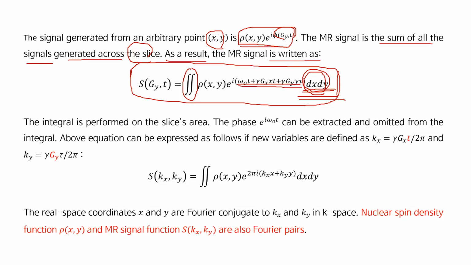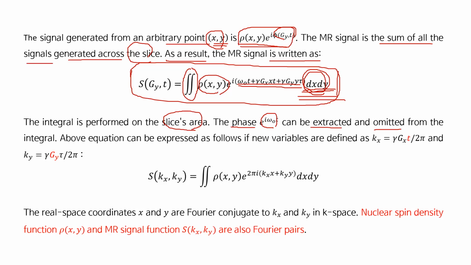So rho x, y is the spin density at the point x, y. The integral is performed on the slice area. The phase exponential i omega 0 t can be extracted and omitted from the integral.